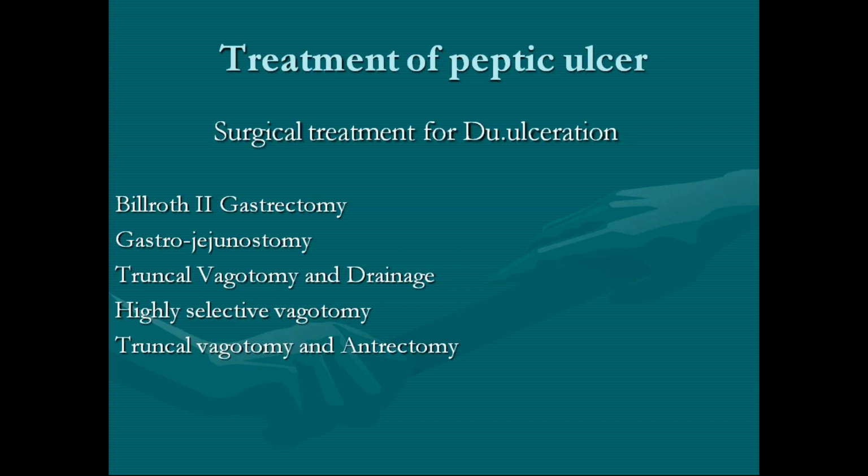Without the duodenum getting damaged, we can divert the food or the chyme from entering into the duodenum. Okay, so we are doing a bypass procedure, that is, we are diverting the acid from the duodenum. So our principal aim is focused on two things. One is to decrease the secretory potential of the stomach, and the other option is to divert the acid exposure of the duodenum by doing some bypass procedure.